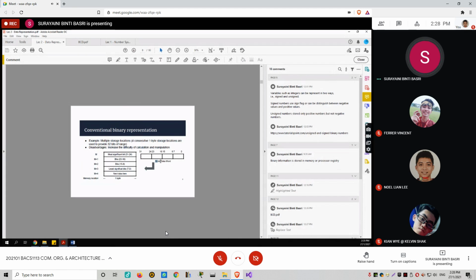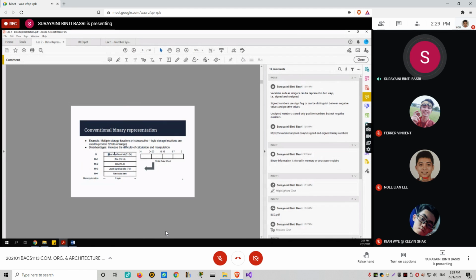After you change a number from decimal to binary, you get 32 bits, and those 32 bits will be stored in the registry. This is how the registry will store the number.